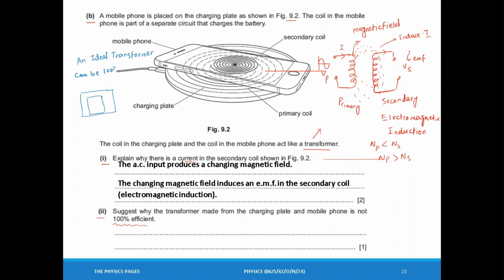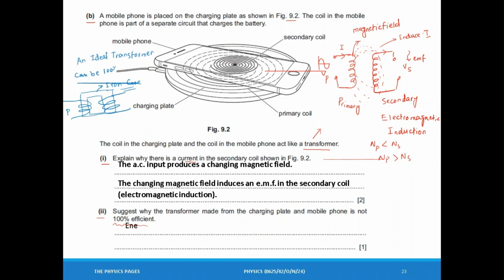So for example, if this is the primary coil and this is the secondary coil, both of these coils are wound over an iron core. So this iron core helps to induce more current and EMF in the secondary coil.